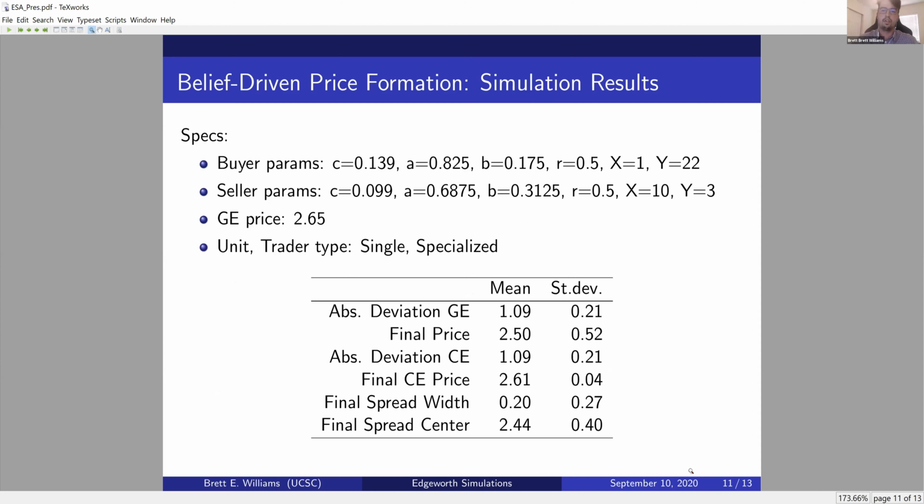I've also run simulations for this in general equilibrium. It turns out that if you allow the units to still be single instead of multiple or divisible, the model translates really well to general equilibrium, without having to change too much.